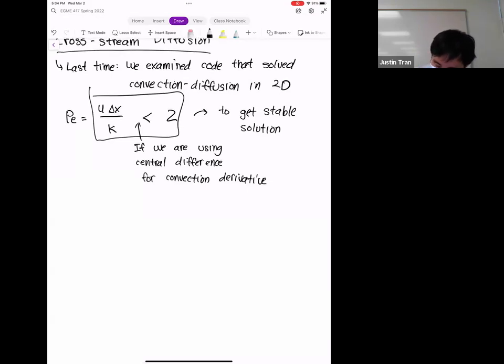But we did something interesting in the 2D code. In 2D, we set our x velocity to be 1,000 and our y velocity to also be 1,000.